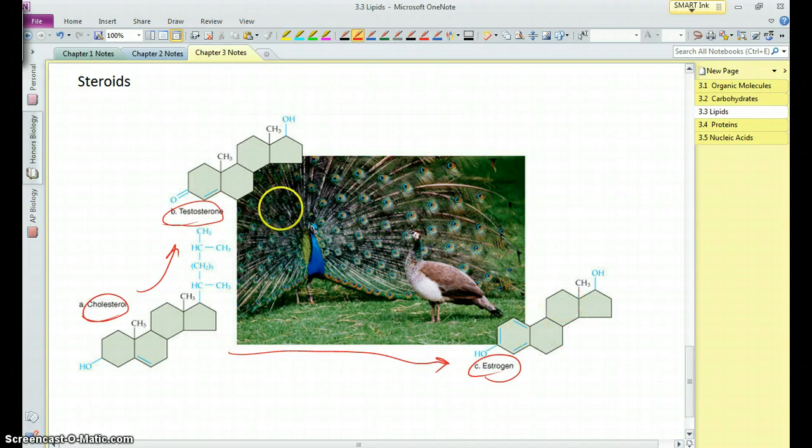Of course, those are the sex hormones that determine whether an individual is male or female. High doses of testosterone, you'll be a male, and high doses of estrogen, you'll be a female. When we study cell membranes, we'll see how cholesterol is also important in cell membranes, and it gives them certain properties. Okay, that's it for lipids.